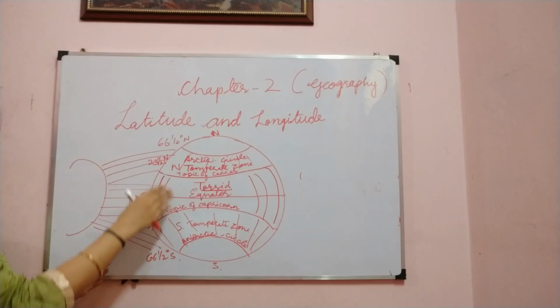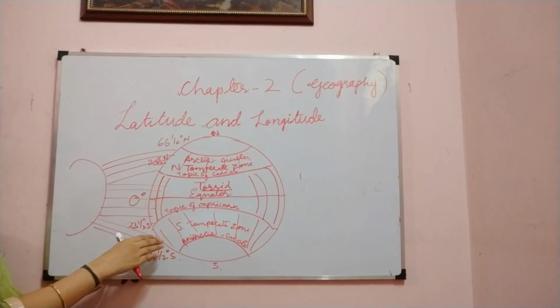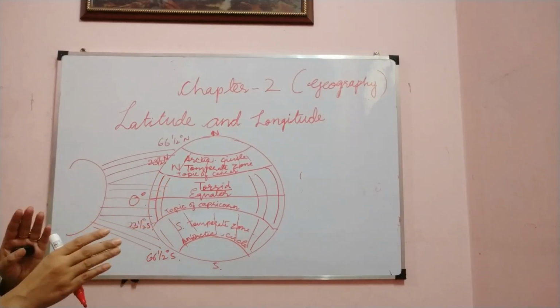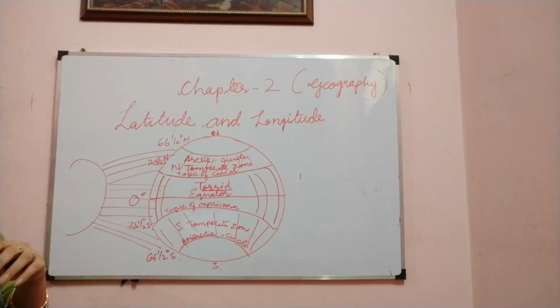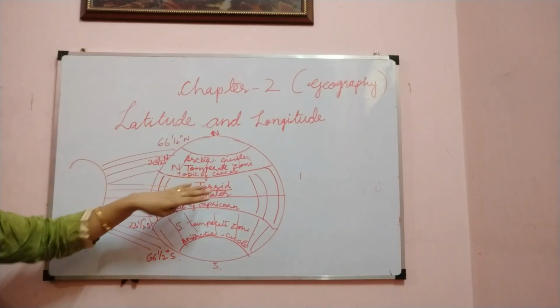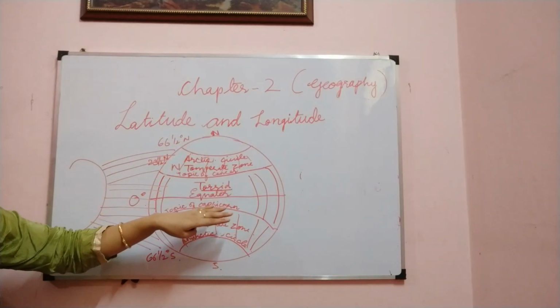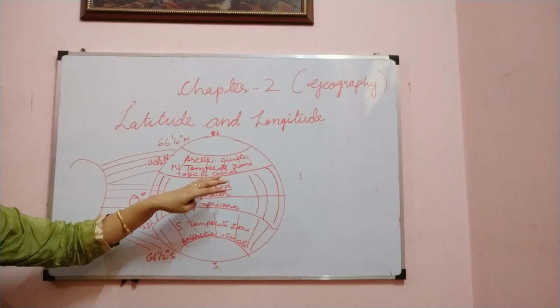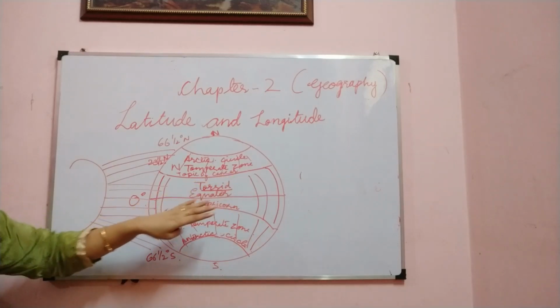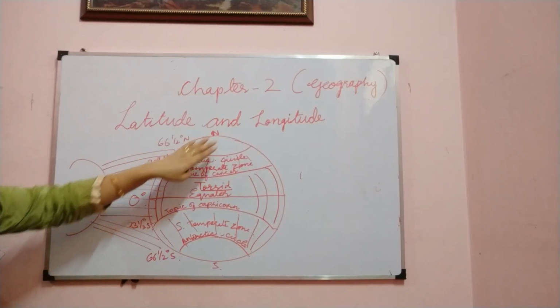So it is slightly diagonal towards this area, and they don't receive direct sunlight. During midday, the sun never shines overhead on any latitude in the temperate zone. So the sunlight always decreases towards the pole.